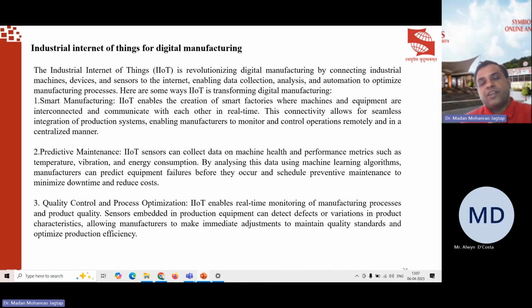So with the help of IIoT sensors, we can monitor the quality of that particular process. We can optimize the quality of that particular process, allowing manufacturers to make immediate adjustments to maintain quality standards and optimize production efficiency. So again, there are benefits of the industrial Internet of Things.